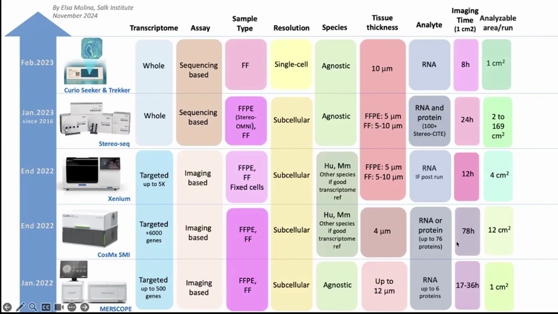The COSMIC is pretty long, as you can see here, because just for 1 square centimeter, it can take up to 78 hours. It also depends on the number of genes that you are targeting. Of course, targeting 500 is not the same as targeting 6,000. So this is why it takes longer.